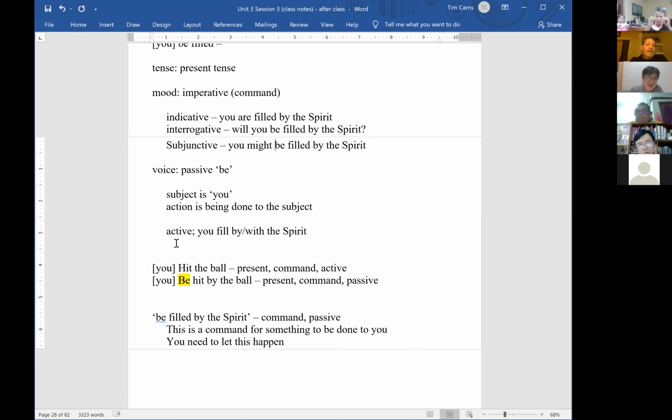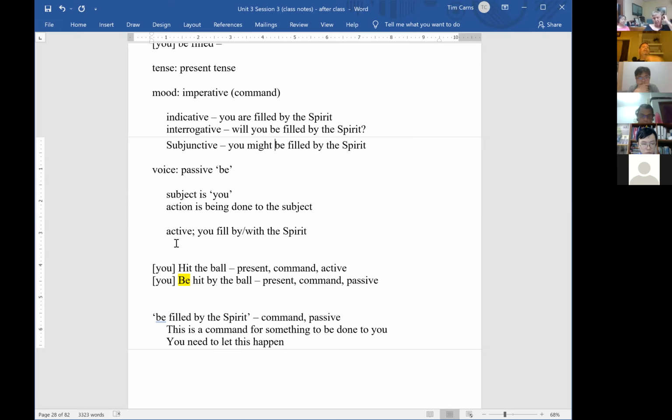Well, there is an action here. It's just I'm not doing the action. I need to put myself in a position for the action to be done. And so in that sense, I'm doing an action, right? I need to put myself in a place to be filled. So yeah, of course there's a willingness, but then there's also what are the steps I need to do?